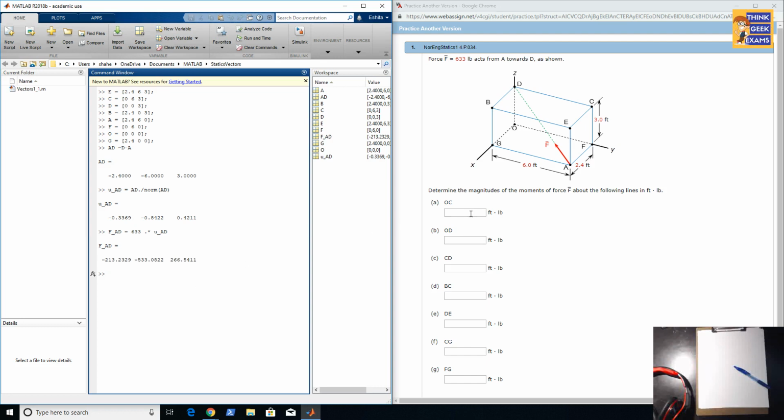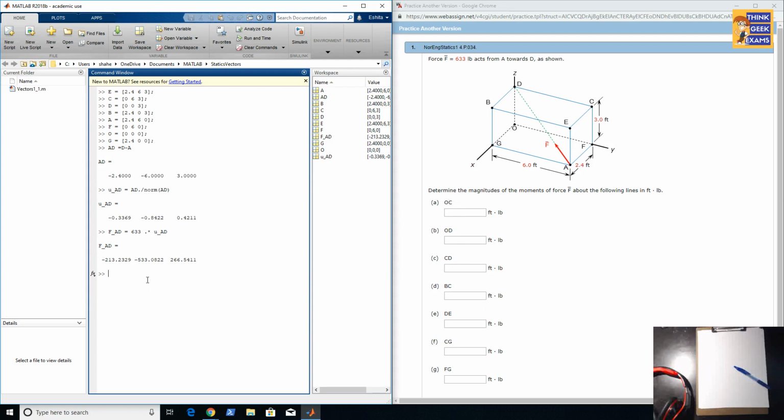Next, now that we have found F, the question is we have to find the moments of F about these lines.